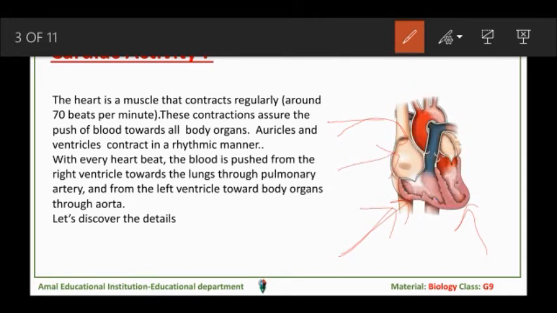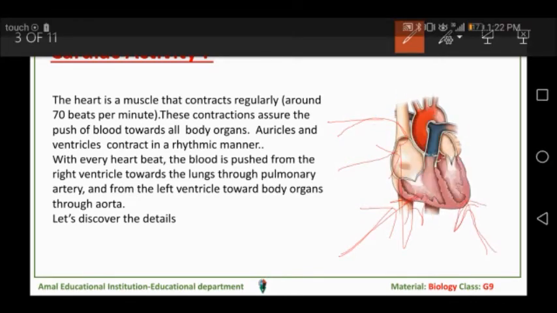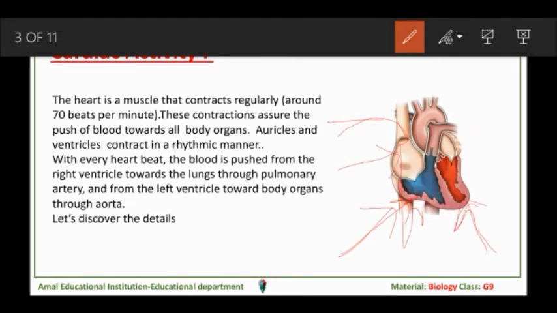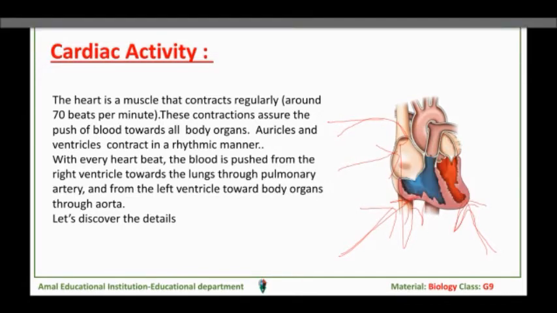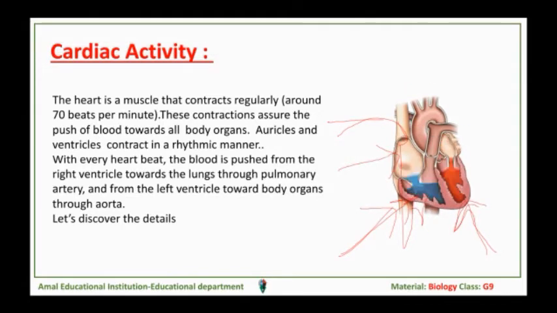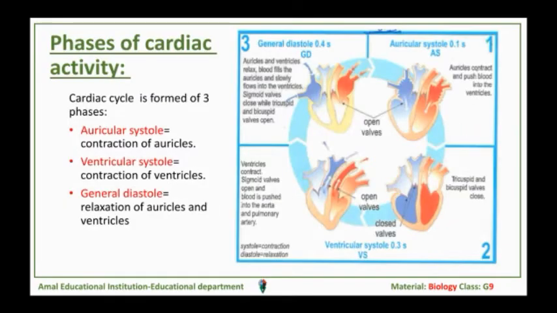With every heartbeat, the blood is pushed from the right ventricle to the lungs through the pulmonary artery, and from the left ventricle to the body organs through the aorta. Now we are going to see the details of how this cardiac activity takes place.